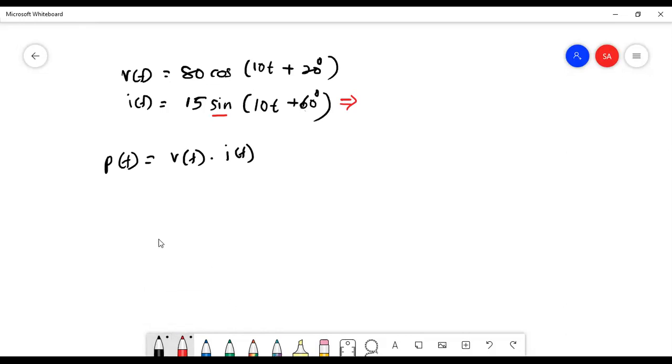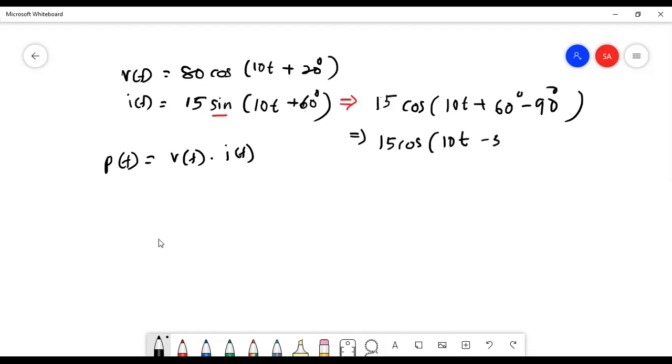The cos equivalent function can be written as 15 cos 10t plus 60 minus 90 degrees, which we get 15 cos 10t minus 30 degrees. So we can now multiply this voltage and current, because now the function is the same.